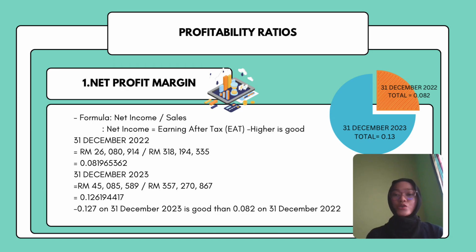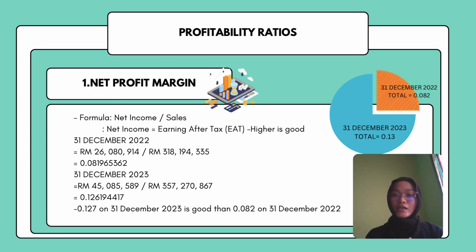There are three. For the first one, we have net profit margin. The formula of the net profit margin is net income divided by sales. How to get net income? Net income is equal to earnings after tax.